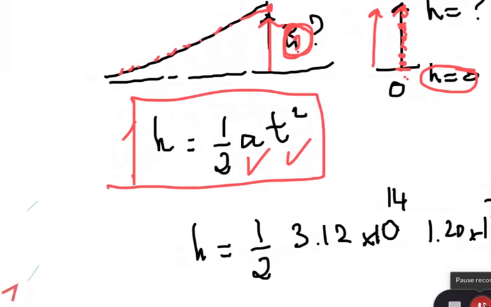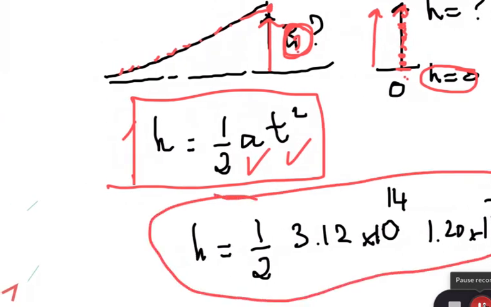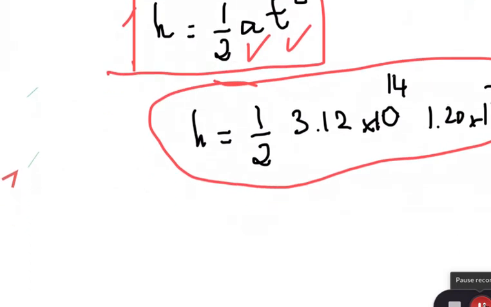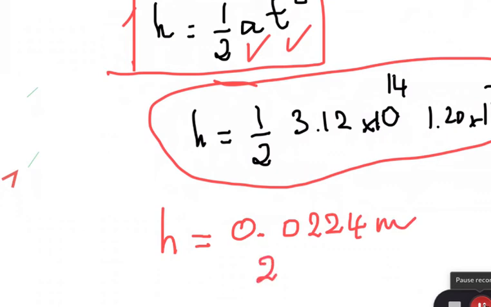From this equation, after calculations, we would end up with h equals 0.0224 meters, which is 22.4 millimeters if we use the millimeter units in this case.